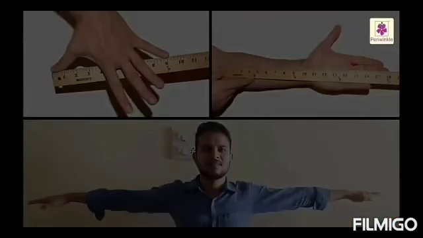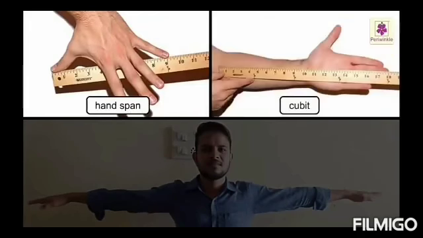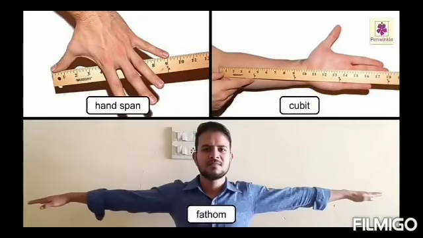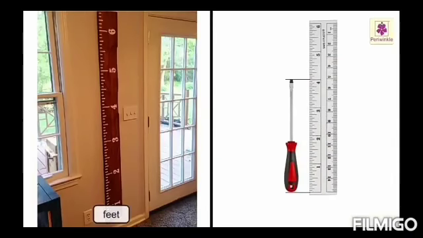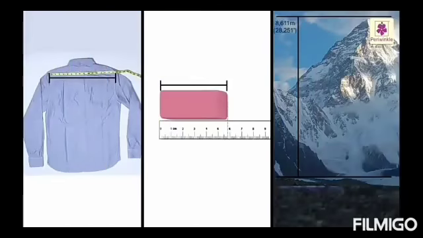Secondly, the various units like span, cubit, fathom, etc. would have connections with each other. Later, units like feet and inches were used to measure the height, length and width of all objects.